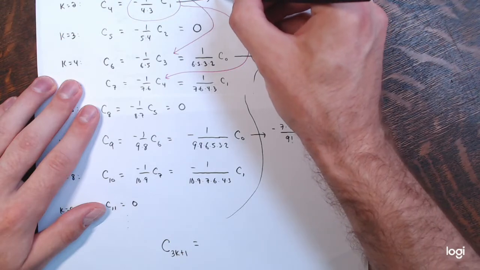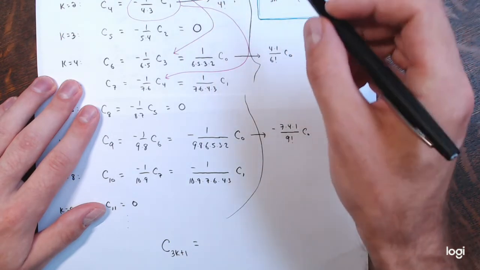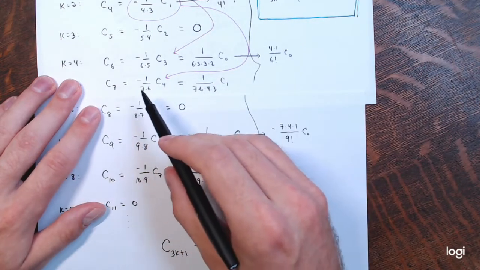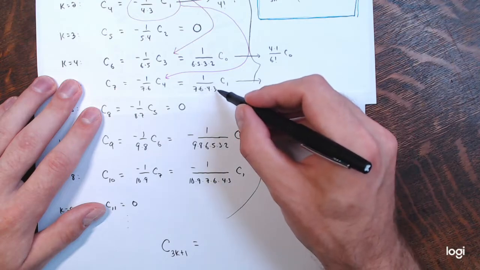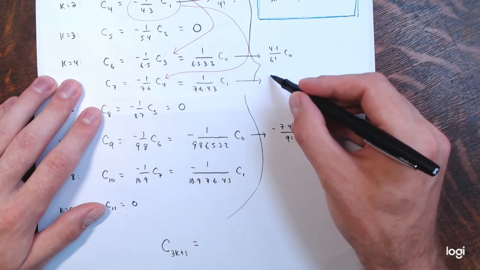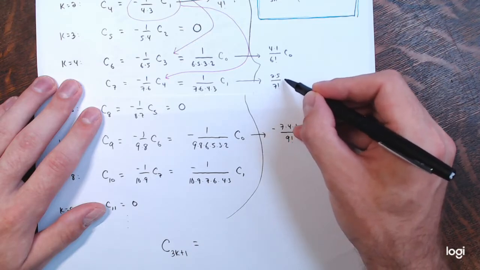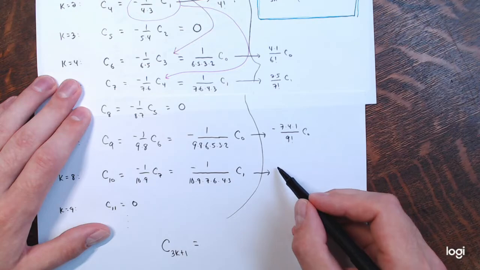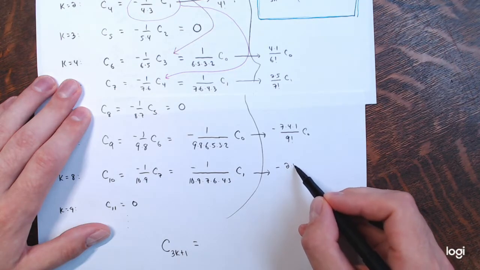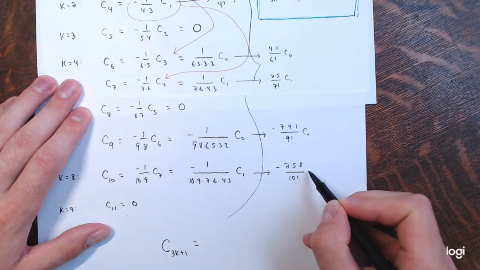I would have negative 2 on the top, and then 4 factorial times C1. And then C sub 7 is missing 2, then 5. Right, so 2 times 5 over 7 factorial times C1. And then C sub 10 is negative, and then missing 2, 5, and 8 over 10 factorial times C sub 1.